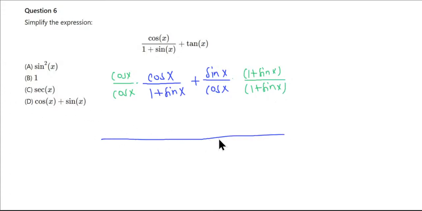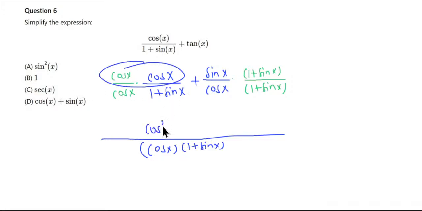So the denominator is common. It looks like cos x multiplied with 1 plus sine x. Cos x times cos x is cos square x, and sin x times 1 plus sin x is sin x times 1, which is just sin x, and sin x times sin x is sin square x over here.